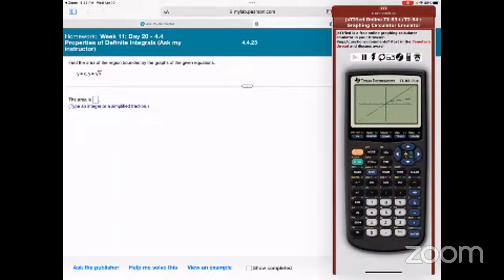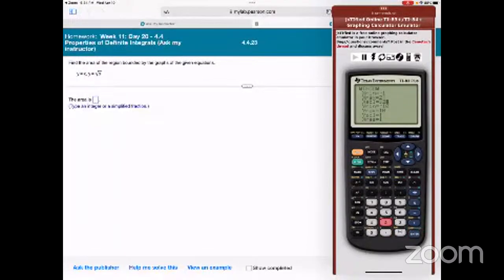Why is it not, like, let me go to window. X min, let's go negative, like -1. X max, we need to go to about 2. The scale, let's go by 0.25 on the x-axis.